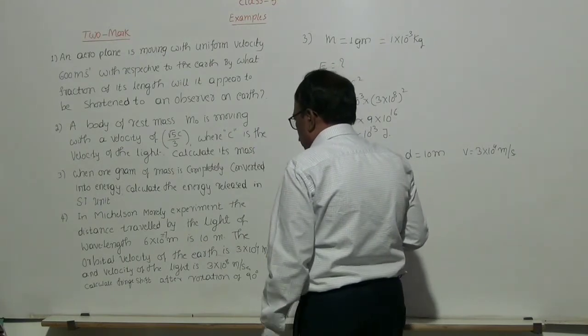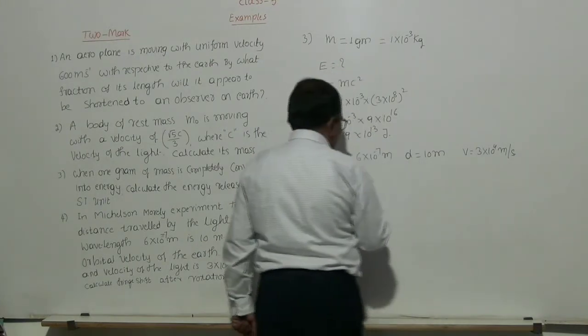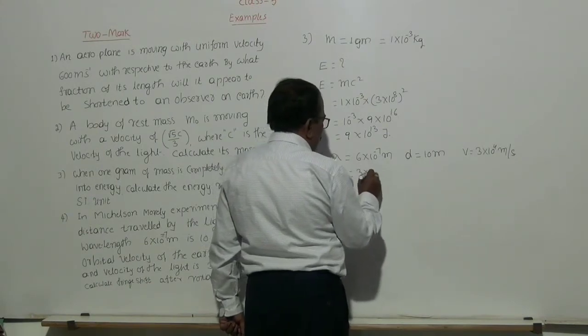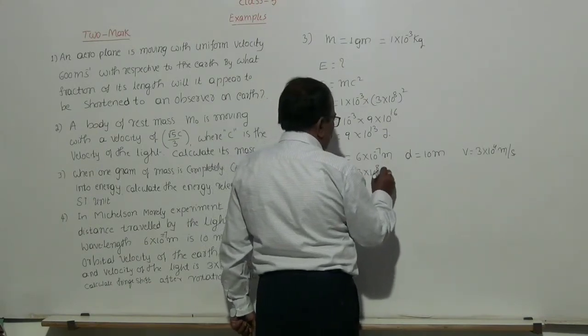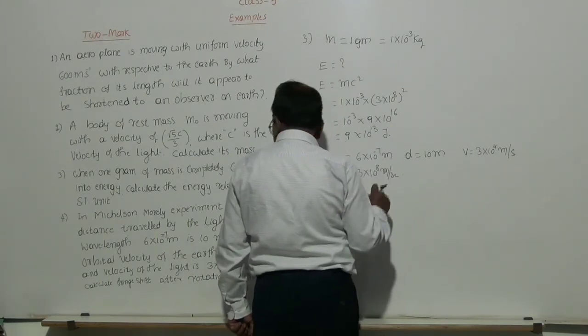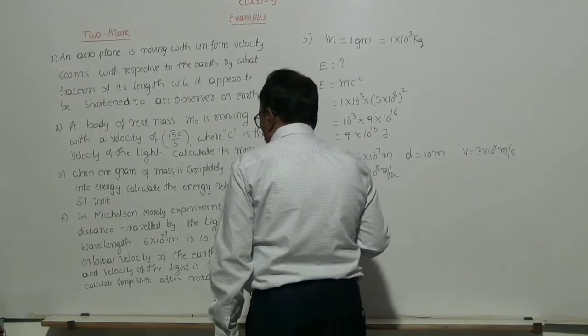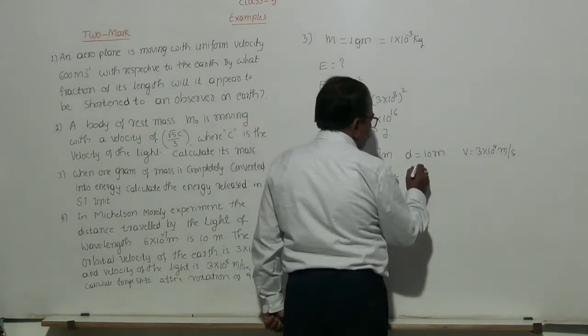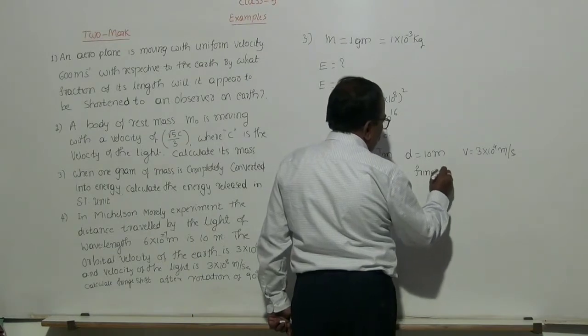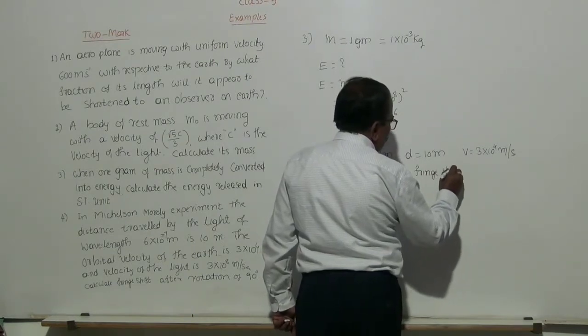And velocity of the light is 3 into 10 raised to 8, c is 3 into 10 raised to 8 meter per second. Calculate the fringe shift. They have asked to calculate fringe shift.